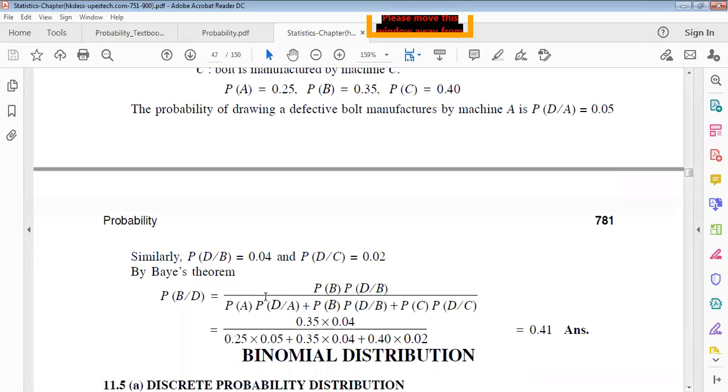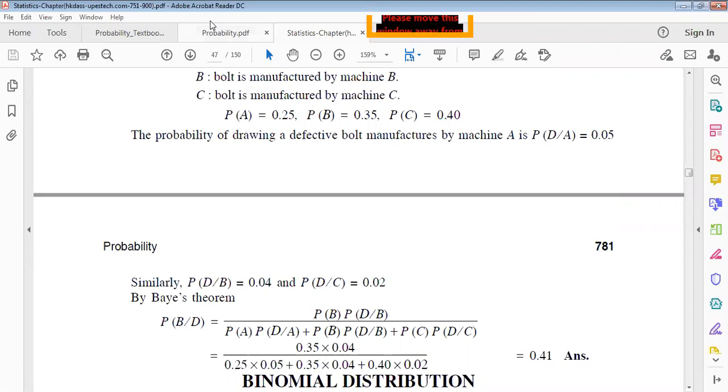But it comes from machine B when it is defective. Remember it. Probability of defective, but it is coming from machine B, okay, it will be defective but from machine B. This is called the probability of machine B when a bolt is defective. Just putting the values. Clear?